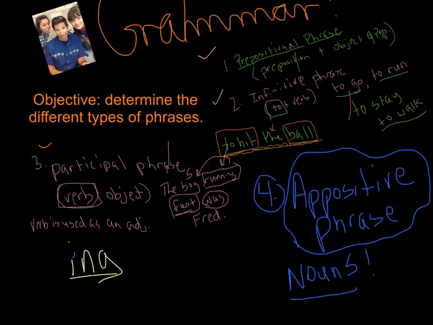So you're going to be looking for something along those lines: running, walking, staying. It doesn't always, but it's a big part. And then our last new one is an appositive phrase. Appositive phrases always start with nouns.